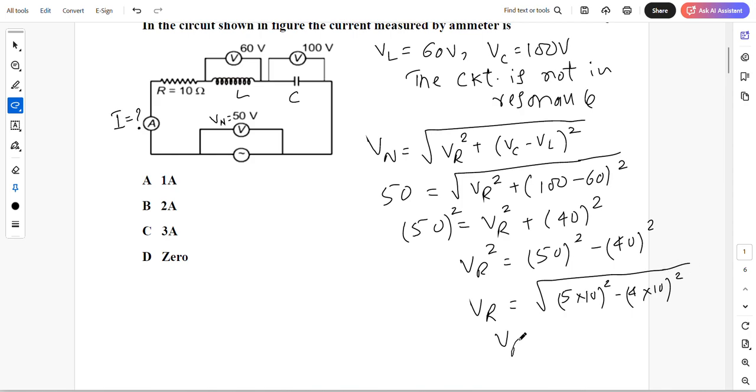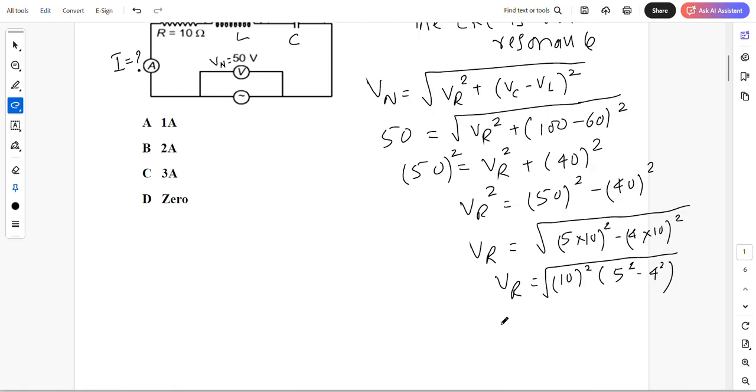I can take 10 square outside, so it is 10 square root of 5 square minus 4 square, which is 10 square root of 25 minus 16, that is 9. So it is equal to 10 into 3, which is 30 volts.